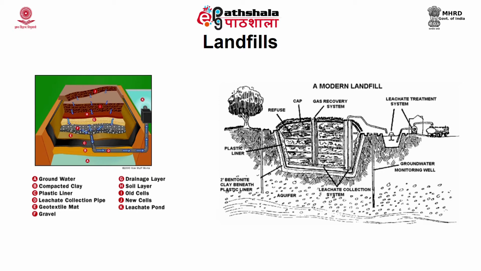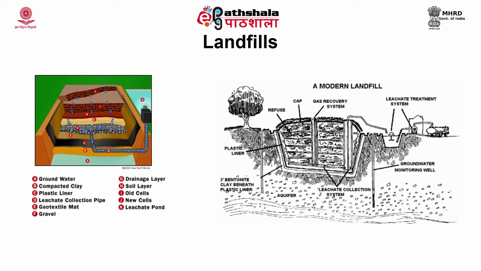You can see these imaginary cells where the waste is being loaded, and they follow a sequence by which the waste is being dumped. You can see old cells and also new cells on the other side where the waste emplacement is progressing.